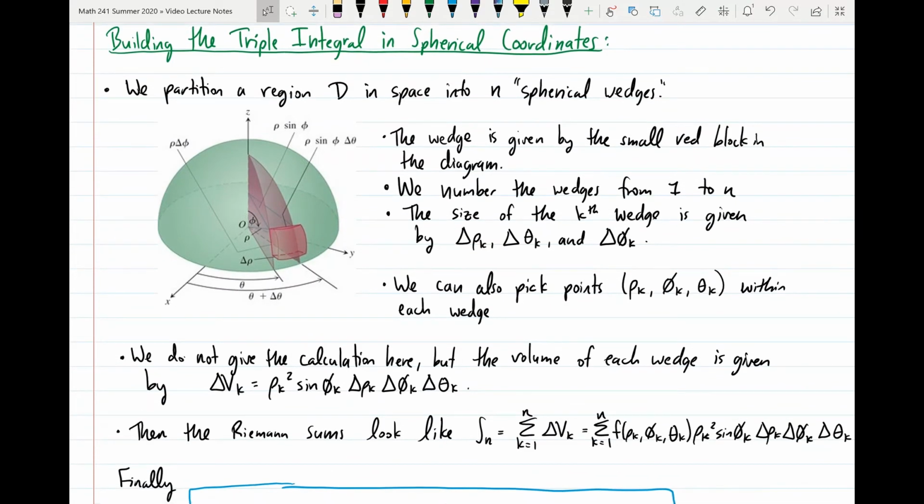So if you look over at the diagram on the left here, the spherical wedge that I'm talking about is just the little red block that's showing up right here. So not the other stuff that's showing up in a little bit of a darker tint of red, but just that block.